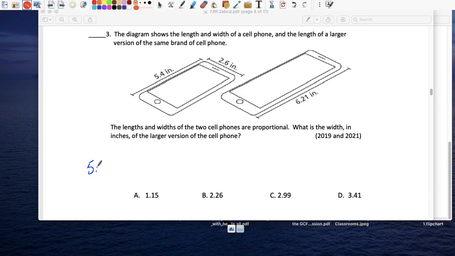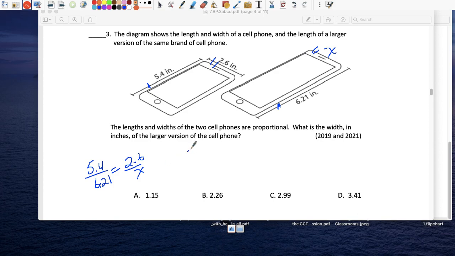Hang on a second. The ratio of this to this is the same as the, oh, this is x. I apologize. So that's what's wrong. So this is similar to this, right? I set up the proportion correctly. The ratio of 5.4 to 6.21 is the same as the ratio of 2.6 with its corresponding side, which is x.